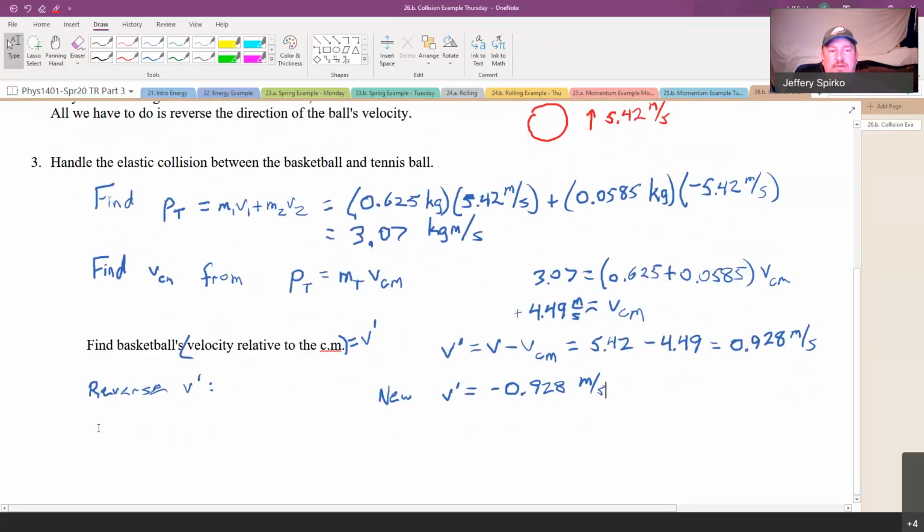So now, finally, we can convert back to regular velocity.